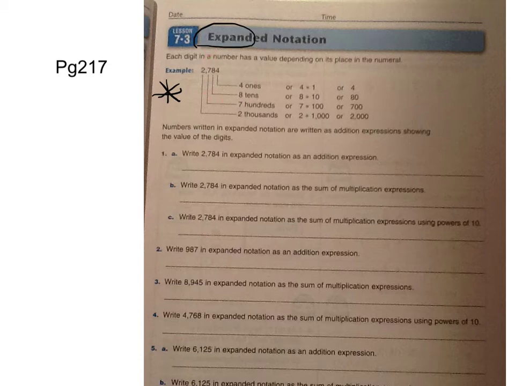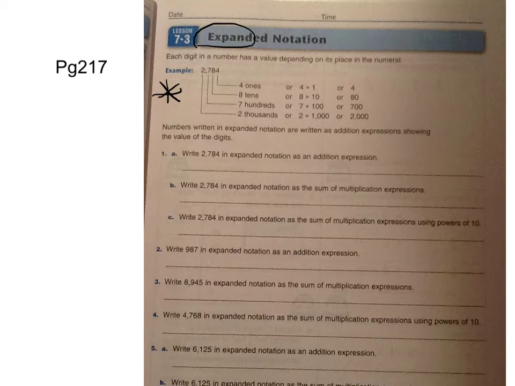Taking a look at 7, what place value is it? It's the hundreds. So 7 $100 bills would be 700. 8, our next place value, that is in our tens place value. If we had 8 tens, that would be 80. And taking a look at our last place value of 4, and it's in our ones place value, the 4 ones would equal 4.